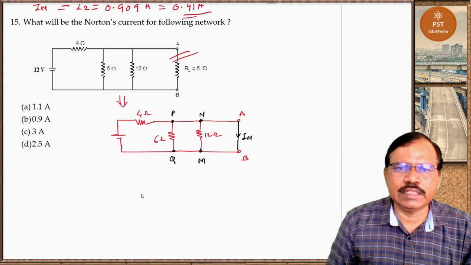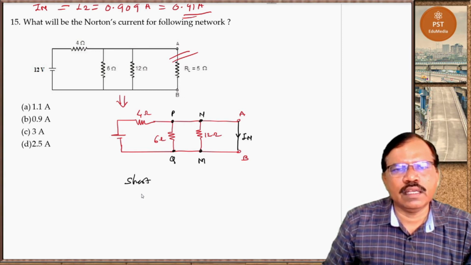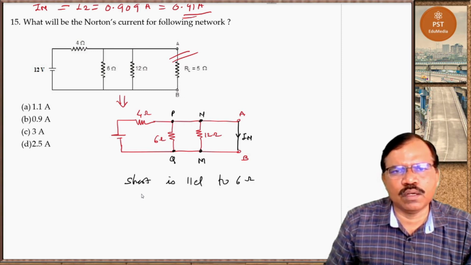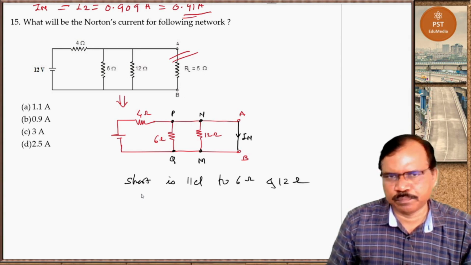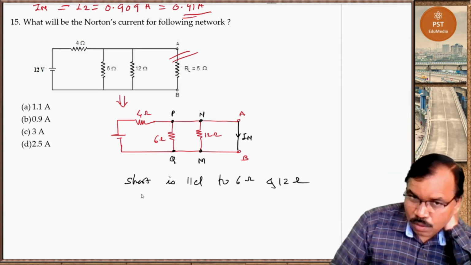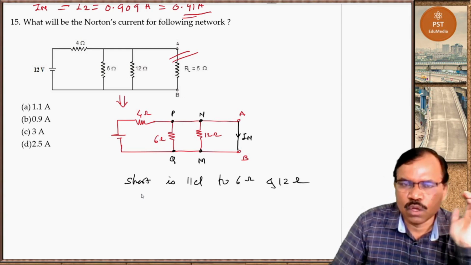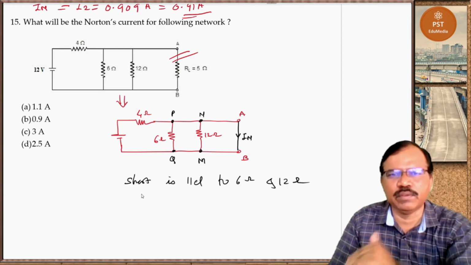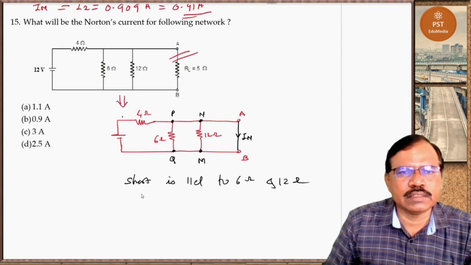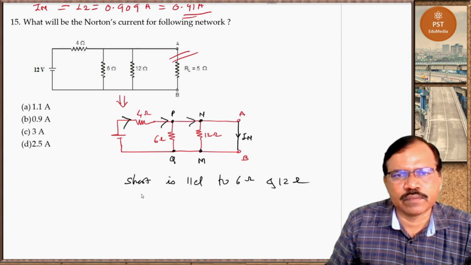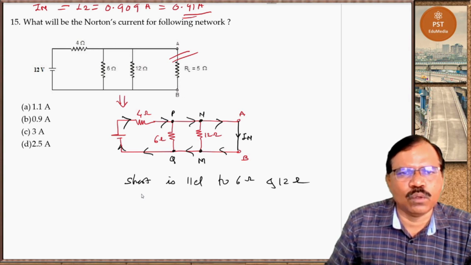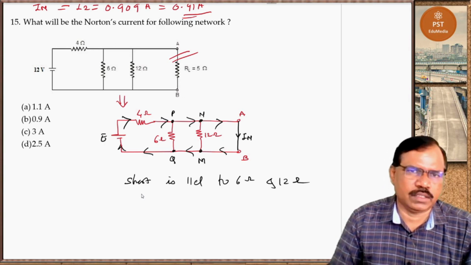So the short is parallel to 6 ohm and 12 ohm. So no current will flow through the 6 ohm or 12 ohm resistance. Whatever the total current, it will go through the short. So current will flow like this.